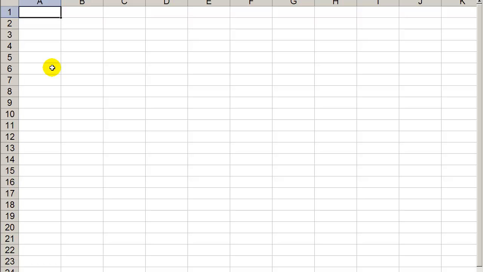As with anything, we start with a proper heading. In part 1 of our inventory purchases budget, we're going to calculate total purchases.